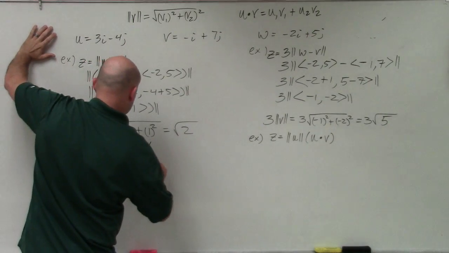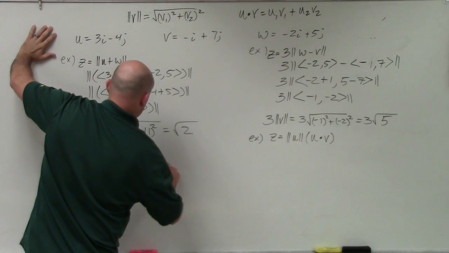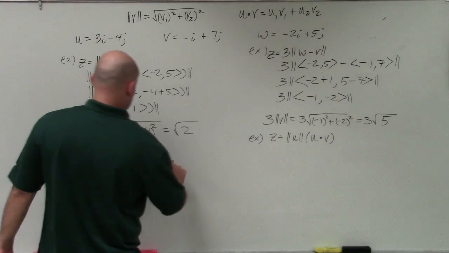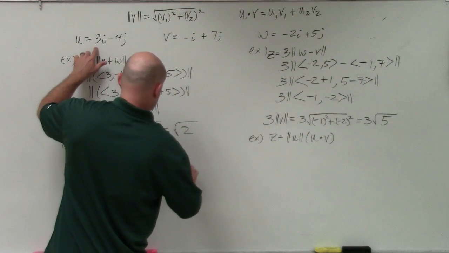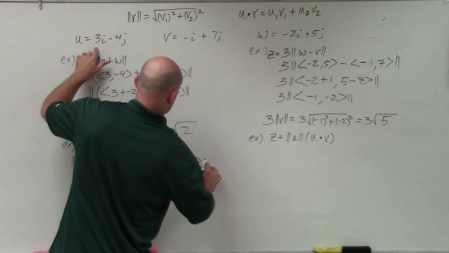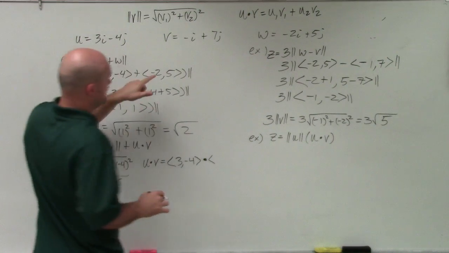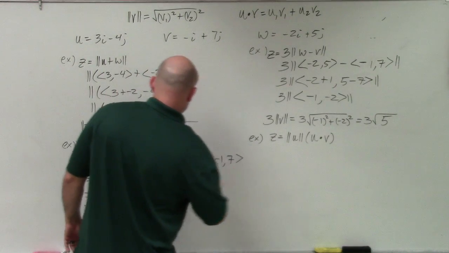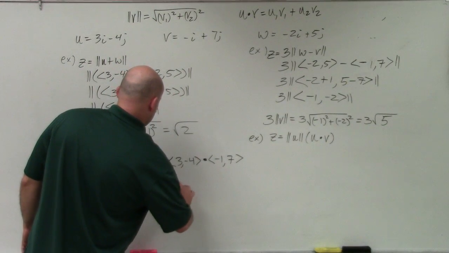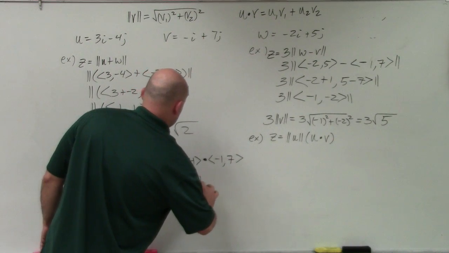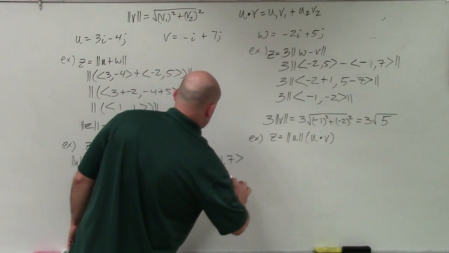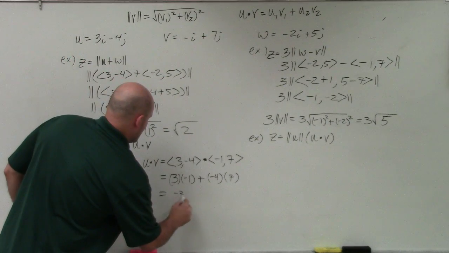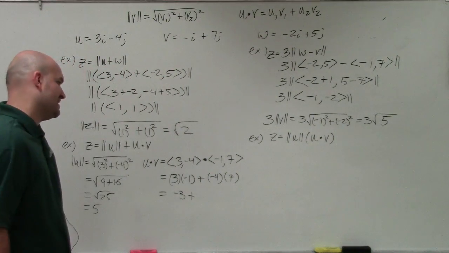Then to do u dot v, let's write that out. Let's do u, 3, -4, dot v, which is -1, 7. The dot product is going to be 3 times -1 plus -4 times 7, which equals -3 plus -28.